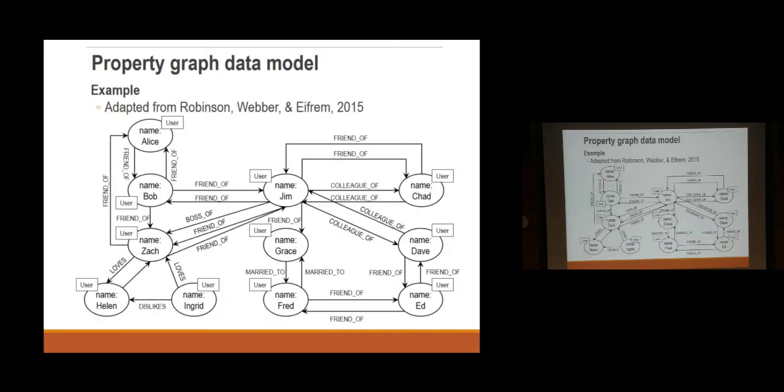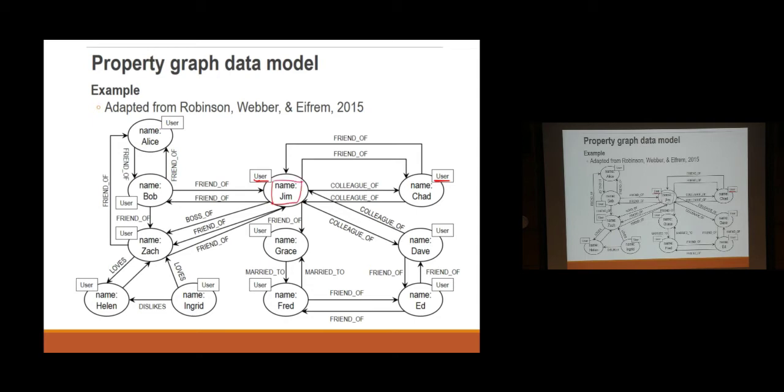This was adapted from Robinson, Webber, and Eifrem's textbook, written in 2015. The way they write things is that the label is over here. Okay, there's a node, an entity with label user. The property it has is a name.